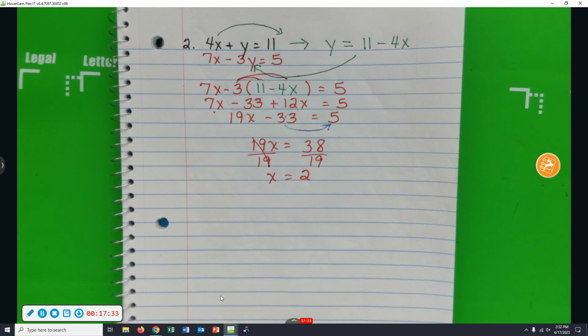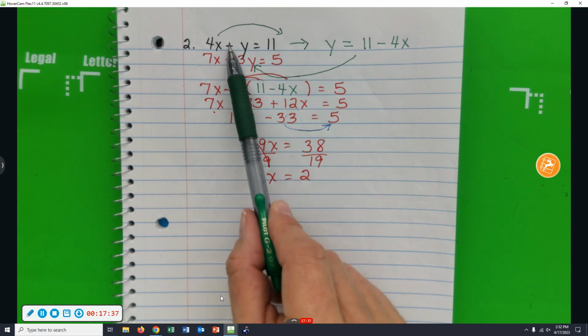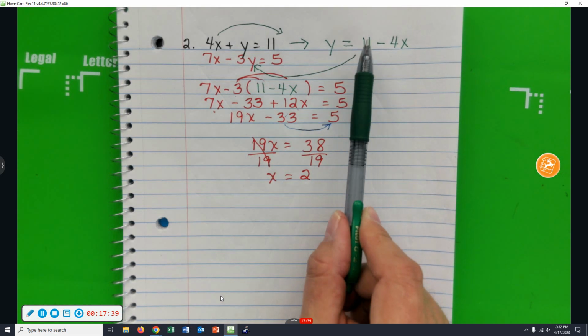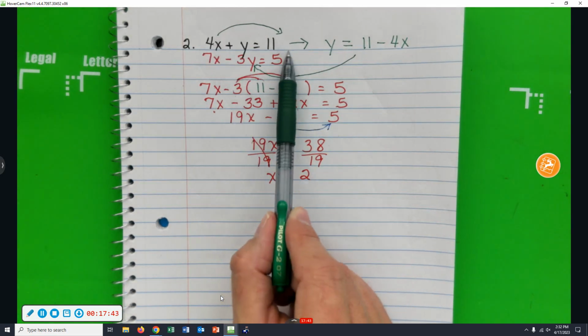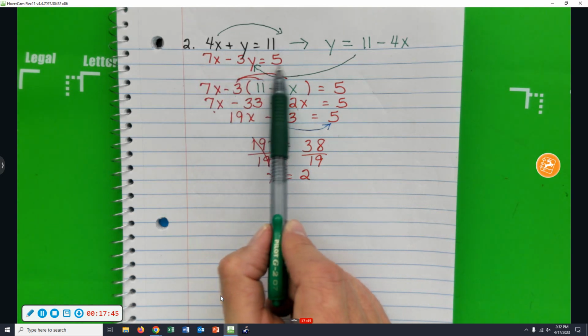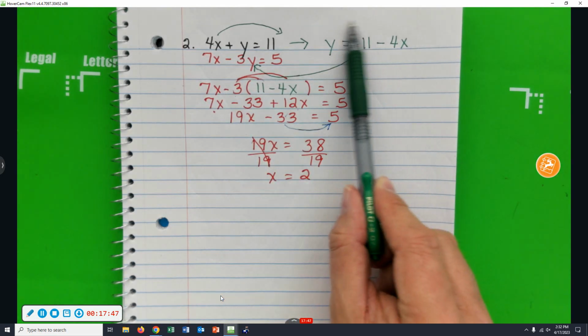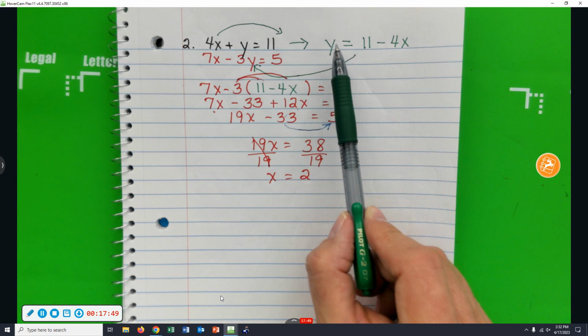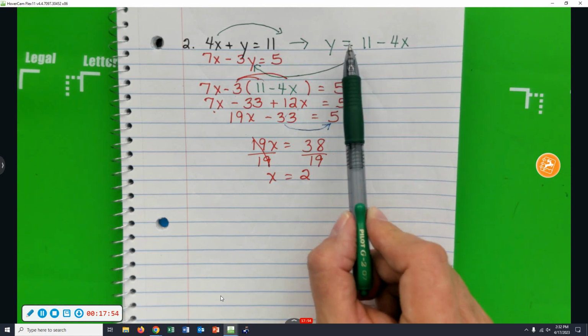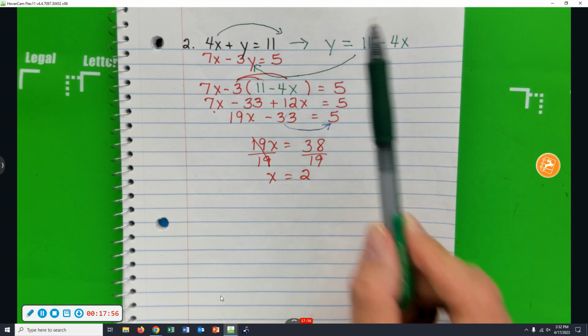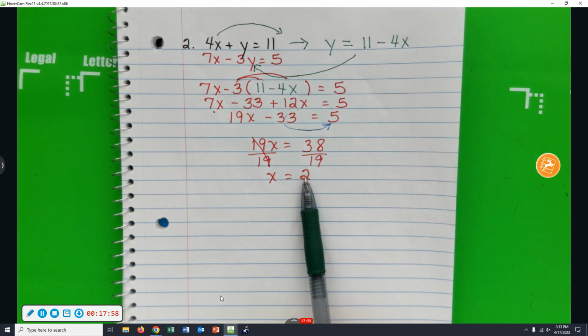Now plug that in, and here's the thing, it doesn't matter which one of these you use. You can use the black equation, you can use the red one, or if you want to use this one here where you already have it solved for y, that's fine. I think that might be the easiest one to use. We're going to plug a 2 in.